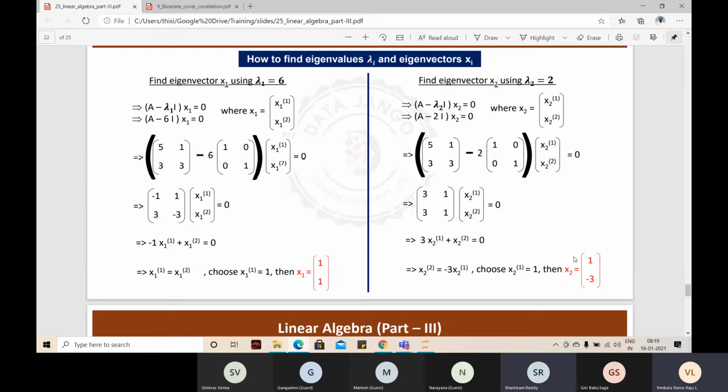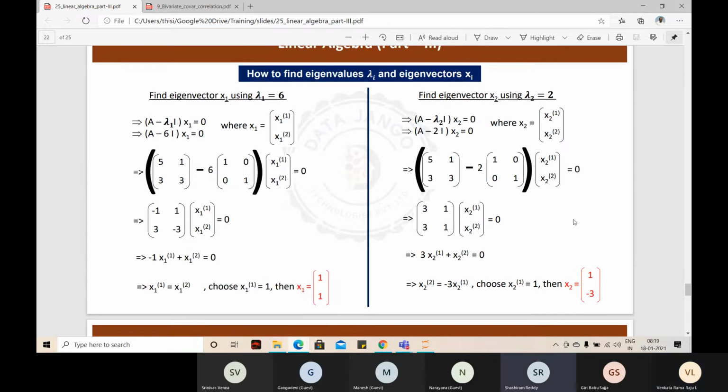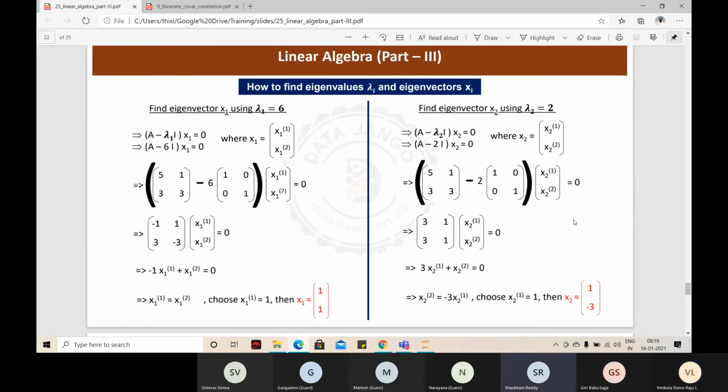Any questions? So here, the eigenvectors for the eigenvalue 6 are unlimited, or we will consider only the minimum value. The minimal ones, the basic ones, we will consider. But when you look at the equation, it looks like you can take 2, 2, 3, 3. But the basic ones we will consider.